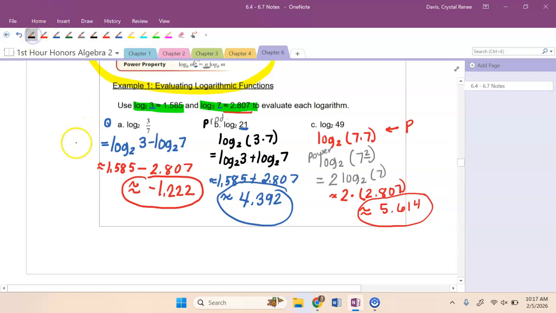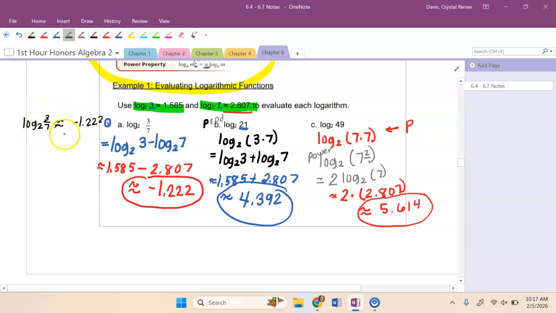So for example, if I say that log base 2 of 3/7 is about equal to negative 1.222, that's what I just showed. Now let's put this back into something that's a little more familiar to us.